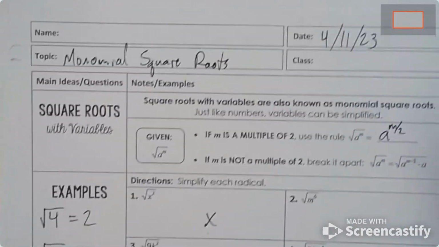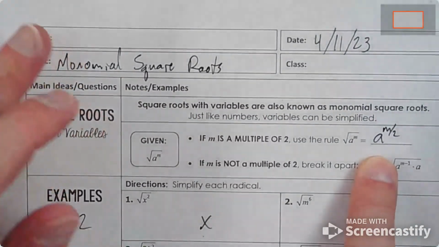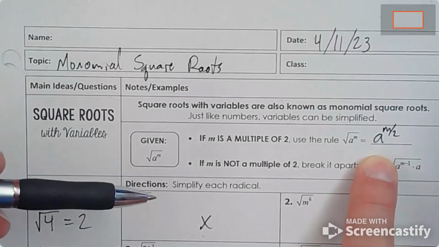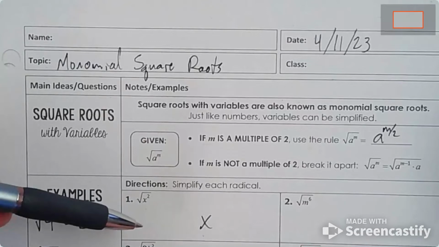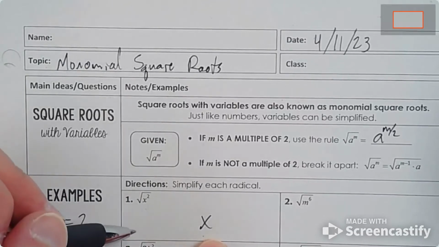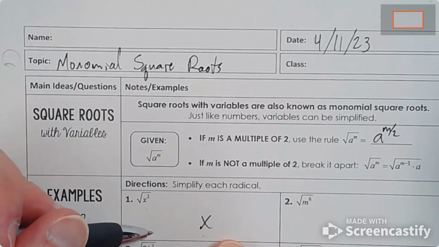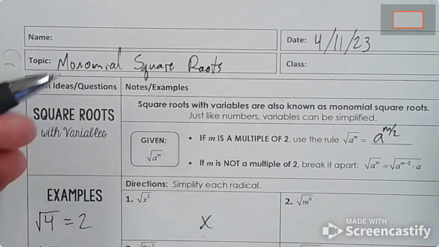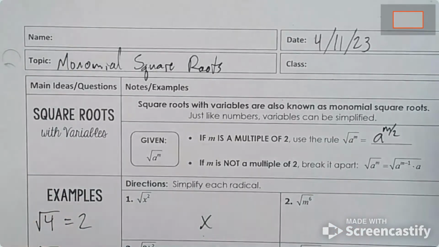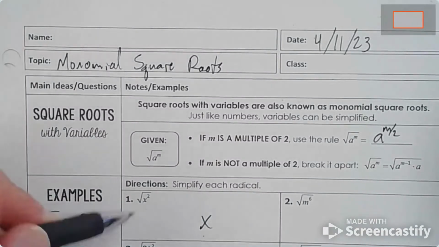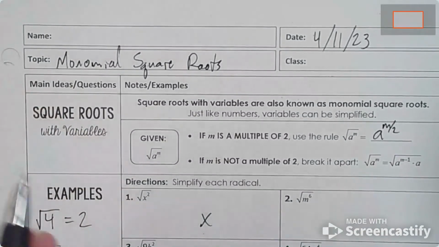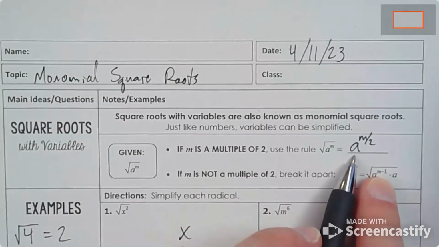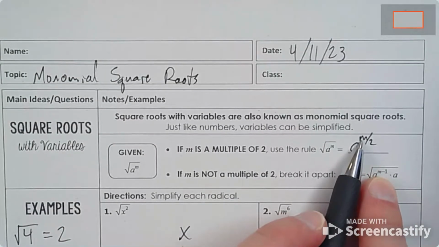Now, what we're talking about up here is that we're essentially taking that exponent and dividing it by 2. So technically speaking, here's what's going on. I'm going to show you the work just to show you why this works, and then we'll do this maybe one more time with number 2, and then we'll move on to the mixtures of numbers and variables. So with problem number 1, if you follow the rule up here, you're saying a to the whatever the exponent is divided by 2.